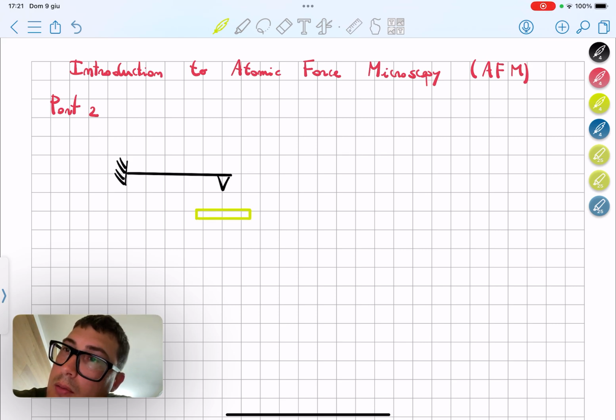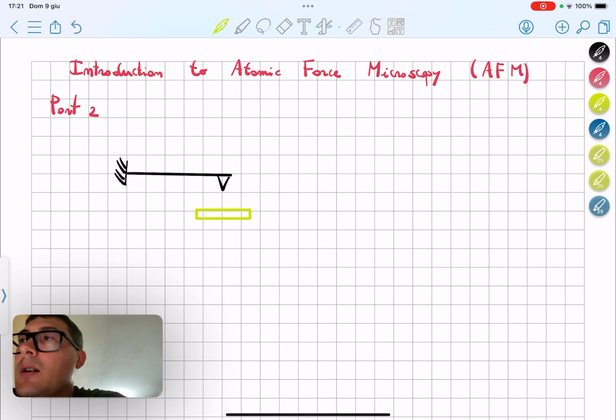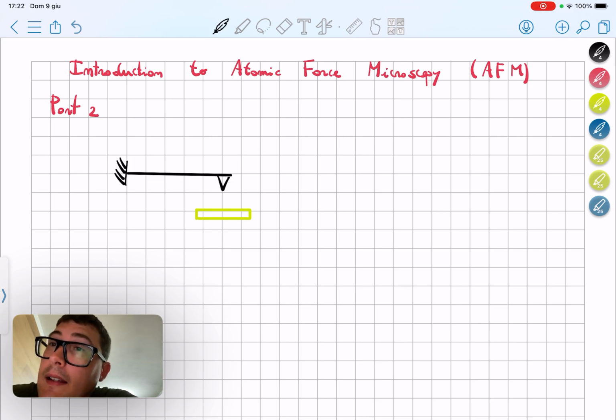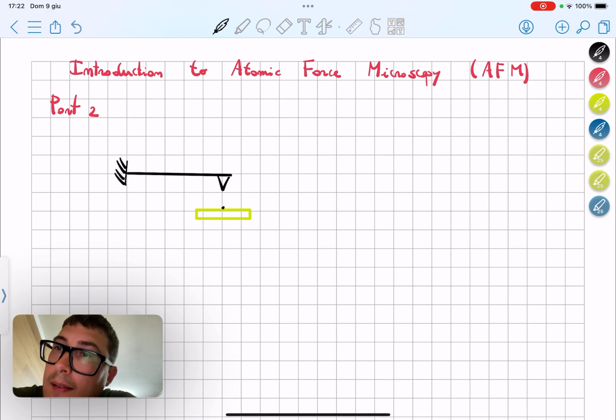The idea is that whenever we reach the sample, there will be some forces that arise, which we are going to describe shortly, and the cantilever is also moved in the x and y directions, if we want to be three-dimensional.